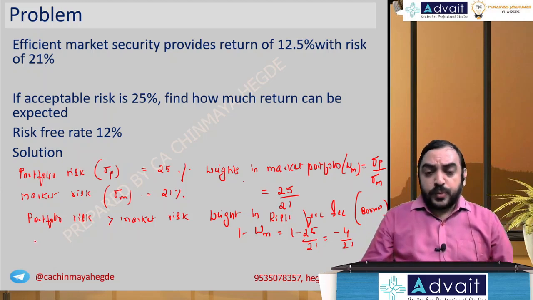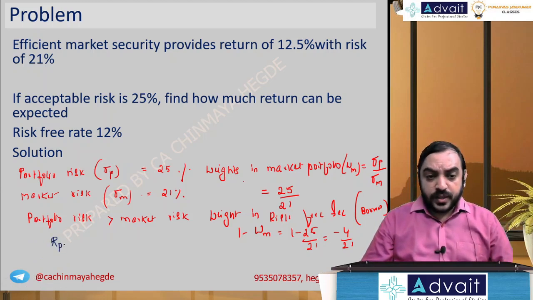Okay, so what is going to be the portfolio return? The portfolio return will be a weighted average, right? So the portfolio return RP is a weighted average. So return on the risk-free security into weight in the risk-free security plus return of the market into weight of the market portfolio. Risk-free is 12%.